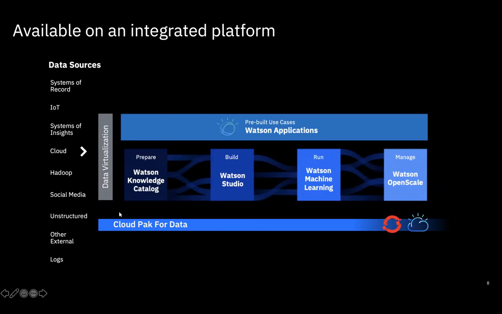So it's all different steps of that AI ladder within Cloud Pak for Data on one common platform that runs on Red Hat OpenShift. So really, you can put it anywhere that works for Red Hat OpenShift, which means you can have it on premise behind your firewall. You can have it on Azure or AWS, but then you can also have Cloud Pak for Data services on IBM Cloud as a SaaS offering.